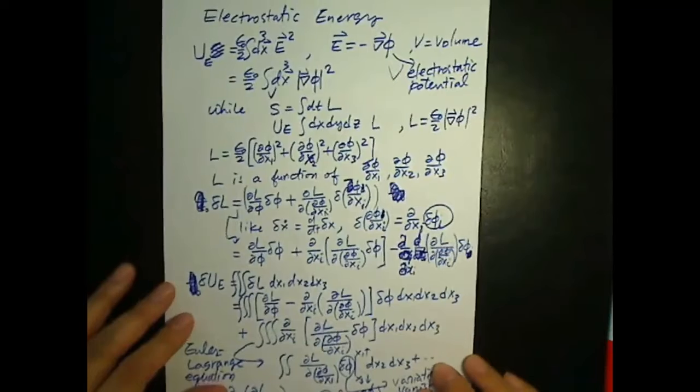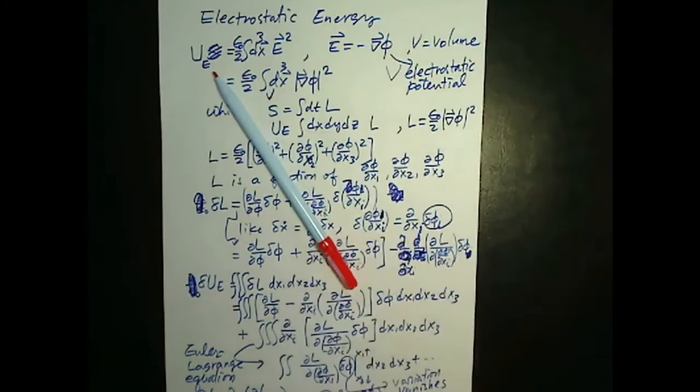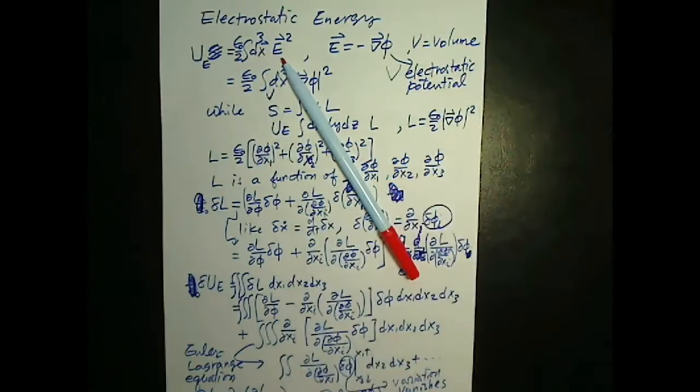Another interesting application of the calculus of variations is to find the minimum value of the electrostatic energy. Because we do not consider the magnetic field, the electrostatic energy inside some finite volume is 1/2 epsilon 0 times the electric field squared, integrated over the volume.